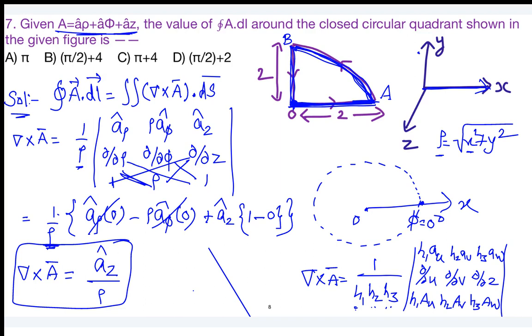So when you are finding the value of rho, it is root X square plus Y square, right? X is only changing from 0 to 2, so X will be a maximum of 2 and Y will be 0. Similarly, if you are moving in this direction, X will be 0 and Y will change from 0 to 2. Got the point?